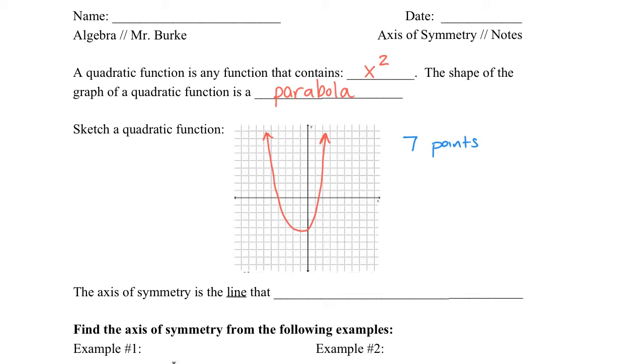The axis of symmetry. Well, the word axis means line, and you know what symmetry means. That's like looking in a mirror. It's the same thing on both sides, and it is a line. So if I were to split this parabola right in half, there would be my axis of symmetry right there.